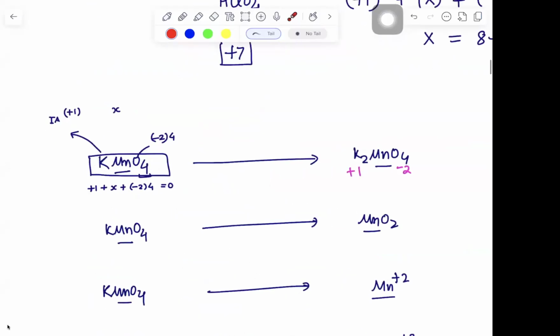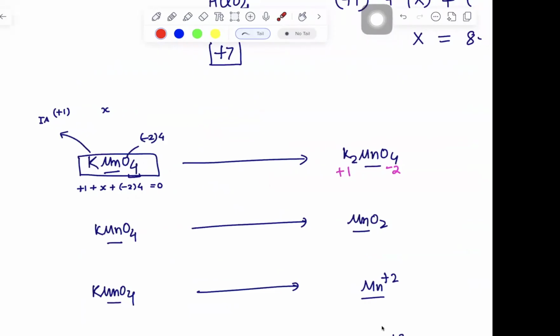Now visible? Yes, sir. It's not showing here.